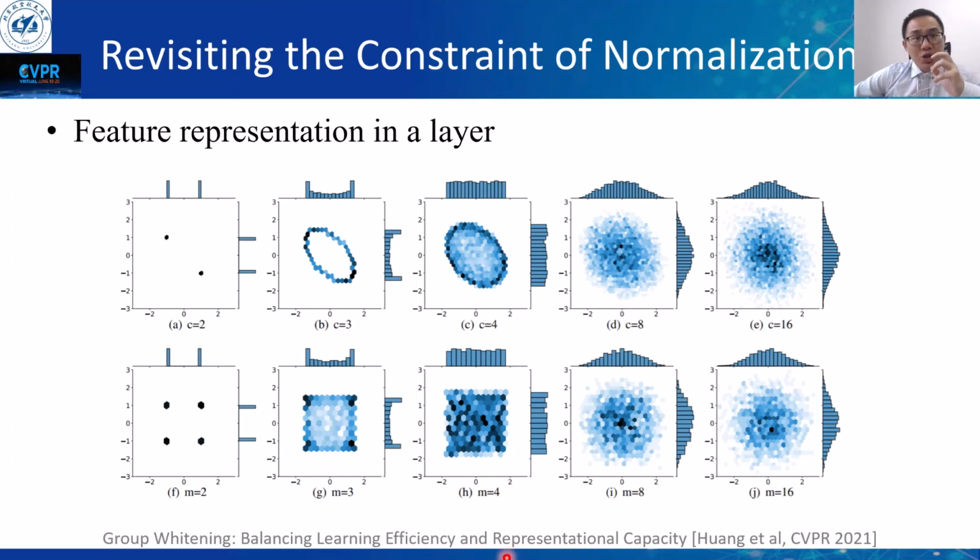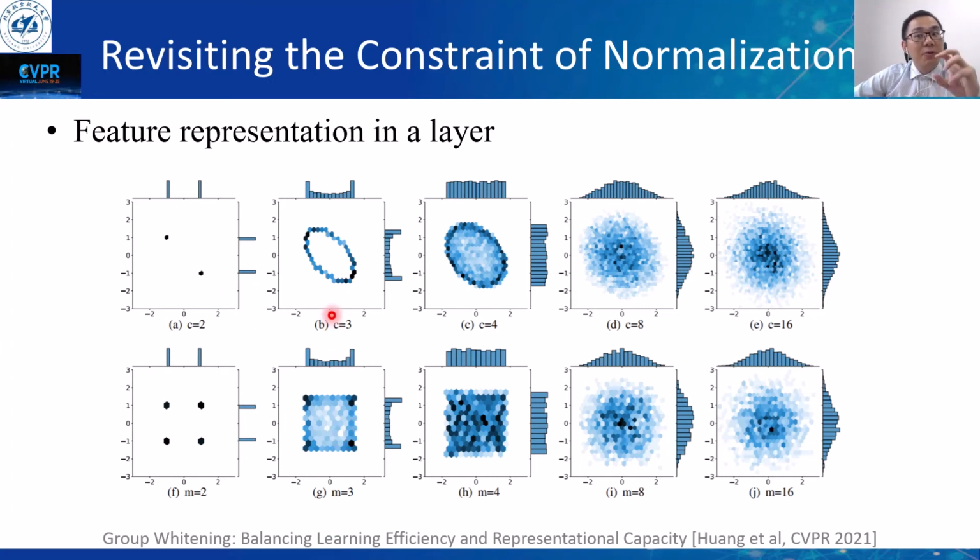For illustration, this figure shows the histogram of normalized output when varying the channel number in each group of group normalization and the batch size of batch normalization. It can be found that, first, the values of normalized output are heavily constrained if C or M is too small.